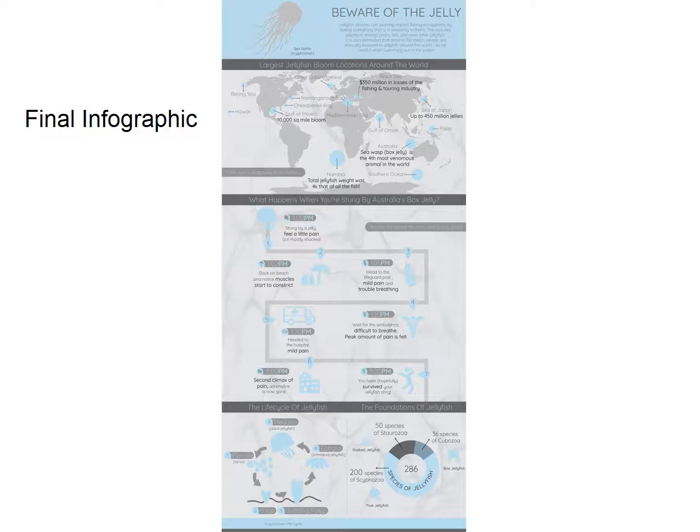And then the foundations of jellyfish and the distribution of species are translated into the Scyphozoa species, which are shown in the life cycle, and also the appearance display at the very top. And then the box jelly, which is the Cubozoa species, relates to Australia's box jelly sting, shown in the time display. So it just brings it all together.